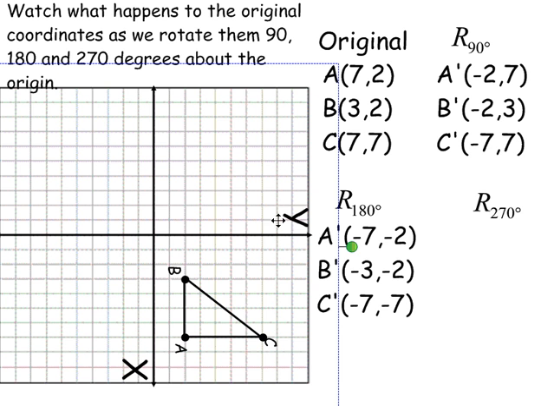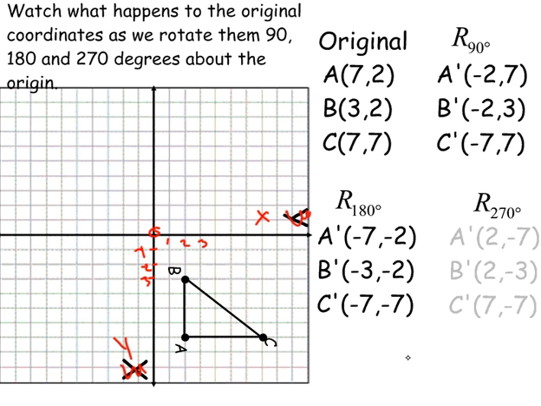Again, once you do that, this becomes the x-axis, this is your y-axis, this is your origin, this is 1, 2, 3, 4, so on and so forth. This is -1, -2, -3, so on and so forth. And your new coordinates for A prime, B prime, C prime are 2, -7; 2, -3; and 7, -7.